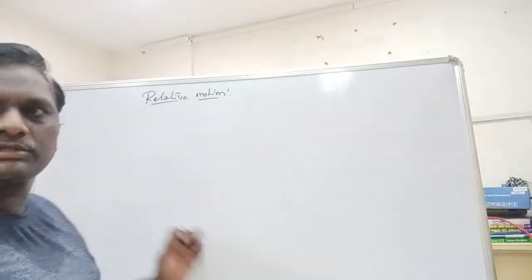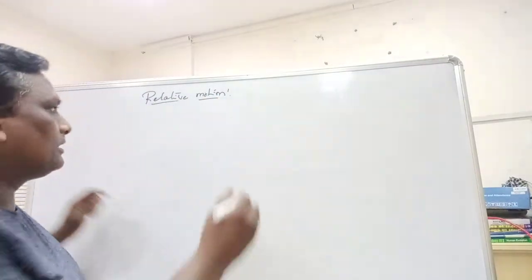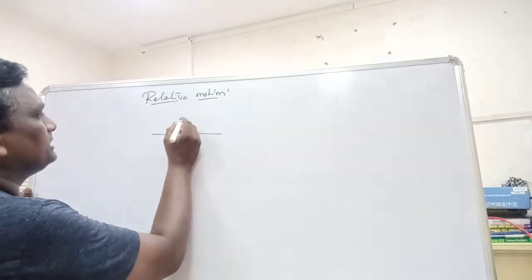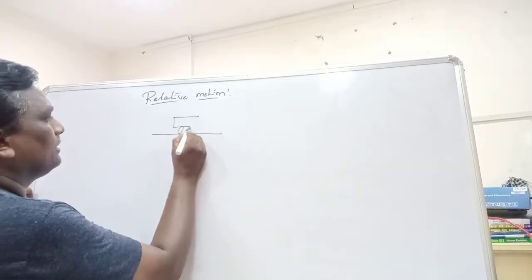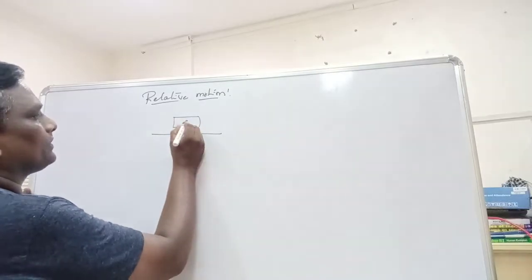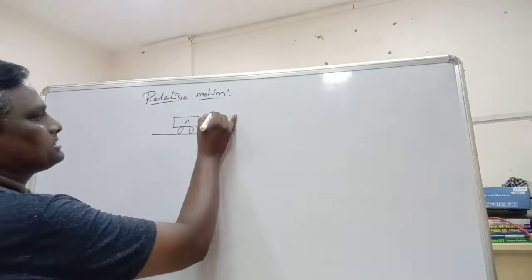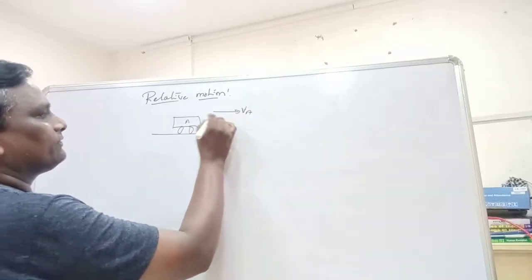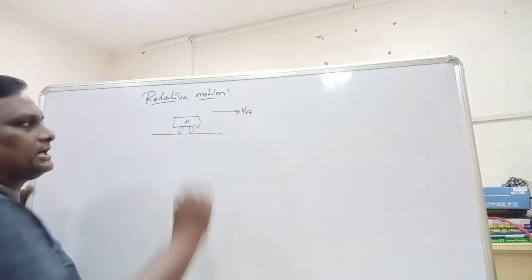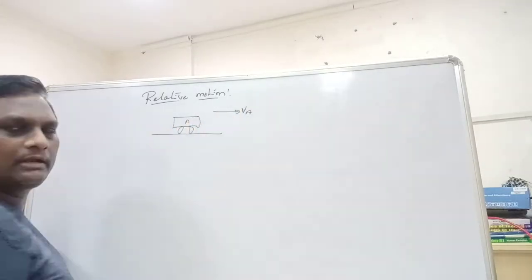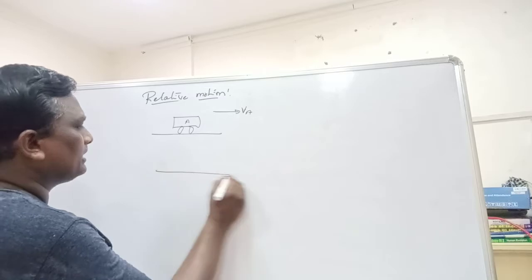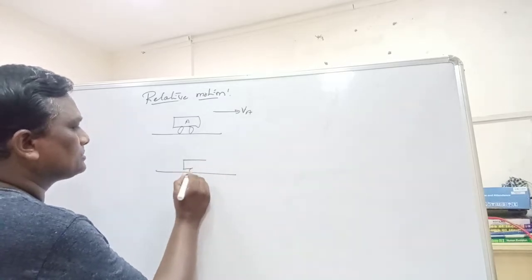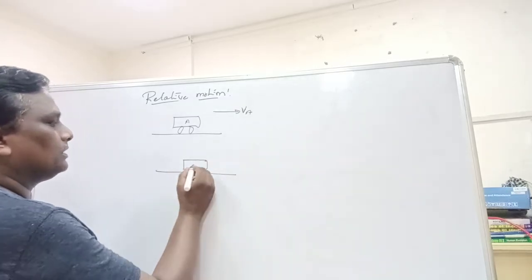What is relative motion that we can see? Now you see, this is car A. The velocity of car A is VA, and it is moving in this direction. Next, take car B here.